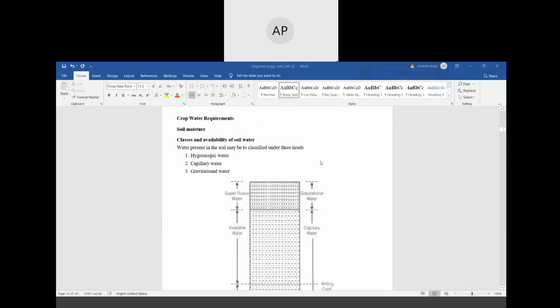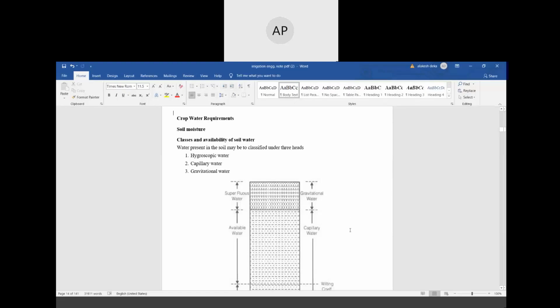Next is another important term, crop water requirement.